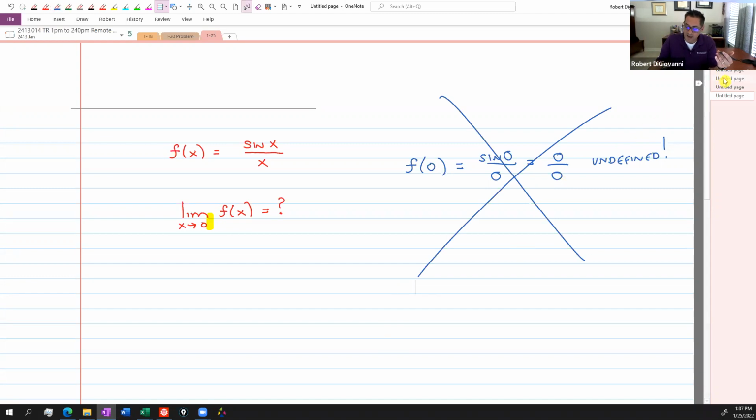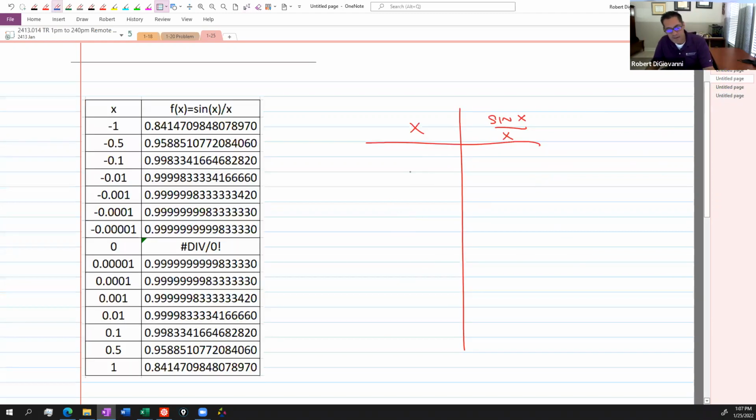So we do this table where we plug in values. And the question is, what values do we plug in? Well, we want to be close to 0, right? So this right here is the table already filled out. First number I picked was -1. So if you think about a number line, right? Here's a number line. If this is 0, I can't plug 0 in, so I picked something close to 0.